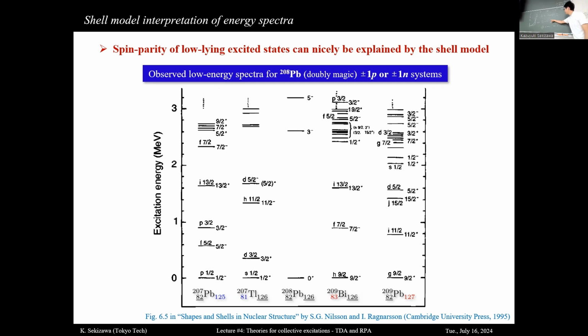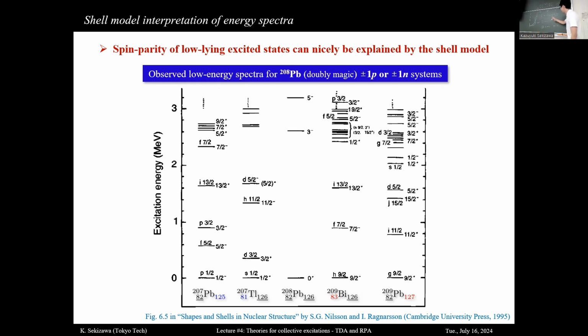So for the P orbital, there are two possibilities. Let's just write S, P, D, F, G, H, I, and for those symbols, we have orbital angular momentum 0, 1, 2, 3, and so on.